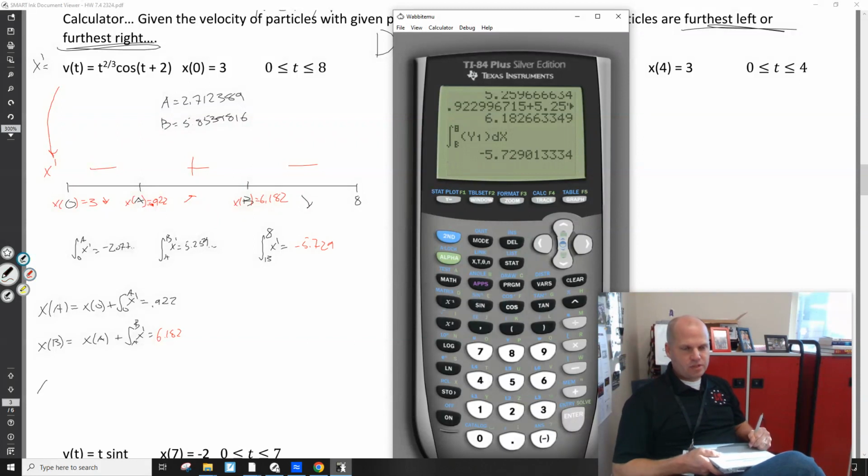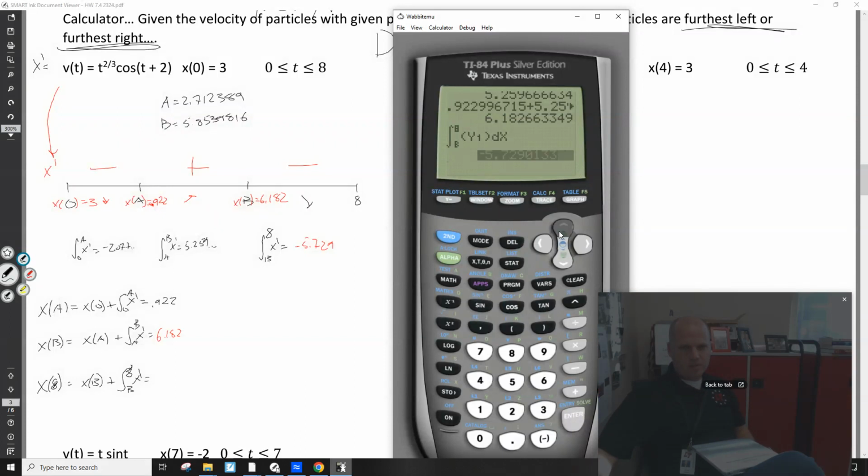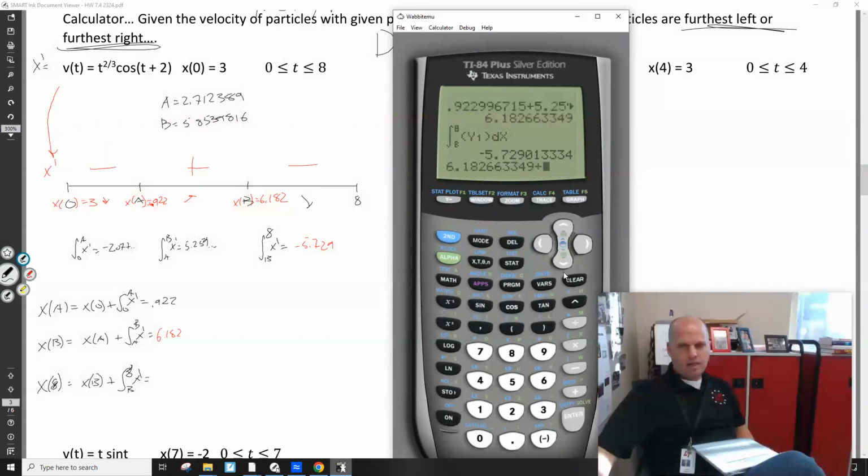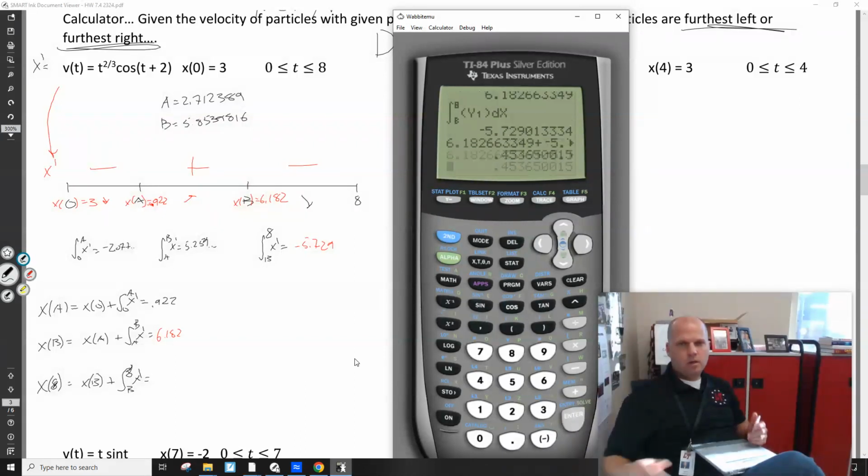So that means my position at 8 equals my position at B plus B to 8's accumulation of my derivative. Take my position at B, add the displacement there, and I get 0.453.